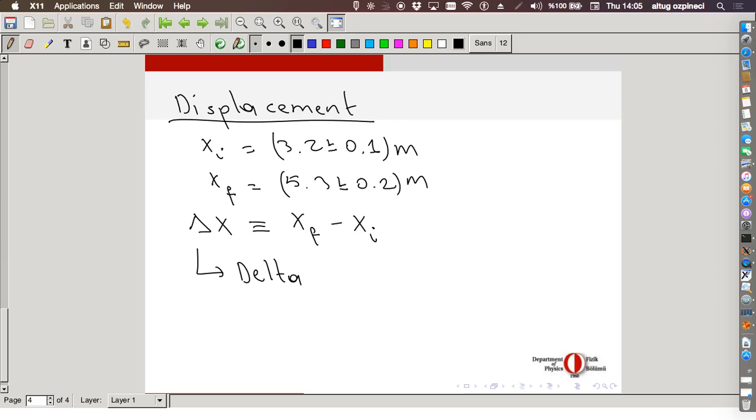What is that number? Two point one plus or minus 0.1 meters. Somebody else?